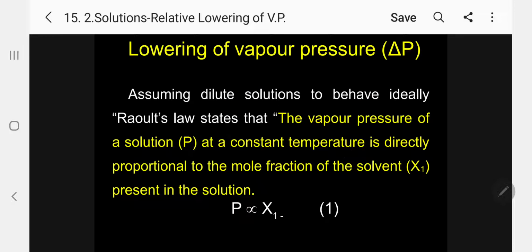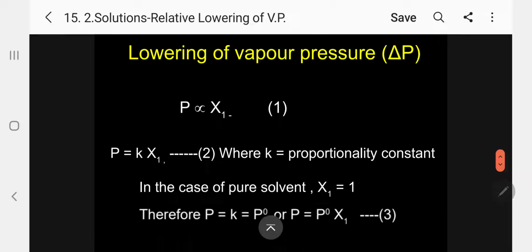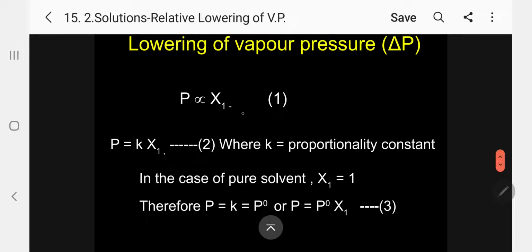This is 1. Kindly follow. Since we are getting this from Raoult's law, in order to equate, I am putting a constant. So P equals K into X1, where K is the proportionality constant.